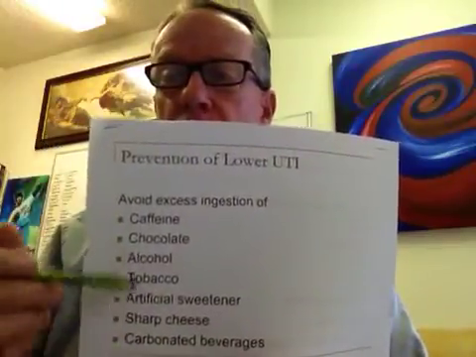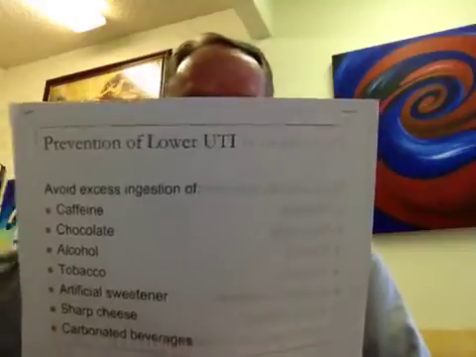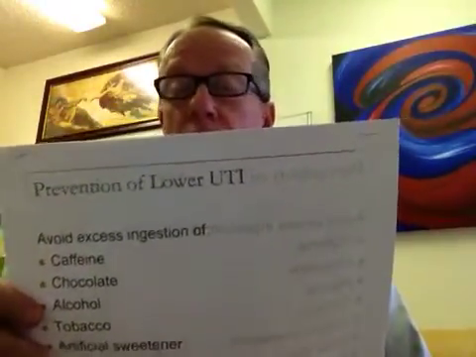Prevention of UTI includes avoiding excess ingestion of these foods or drinks. So I'm not going to read all those to you, but you might find that interesting in terms of what you're doing in terms of ingestion of foods.